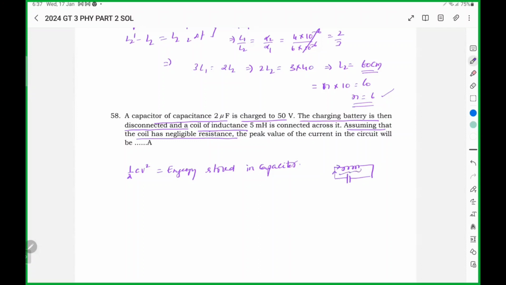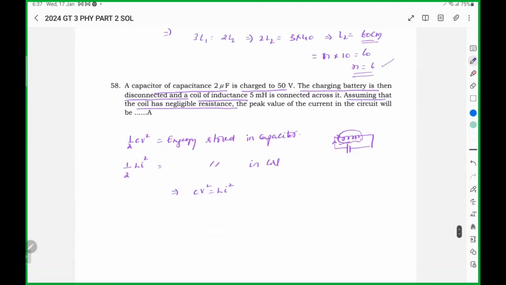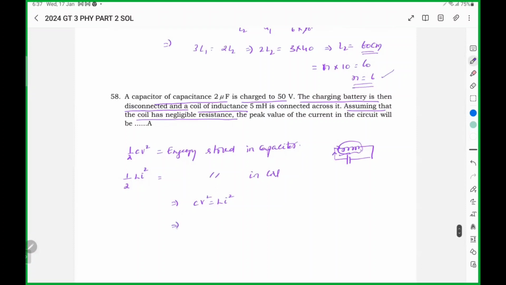That charge will be stored as energy in the coil in the form of a magnetic field. So the energy stored in a coil and in the capacitor are equal, because if there is resistance, there is some loss. He said negligible resistance.